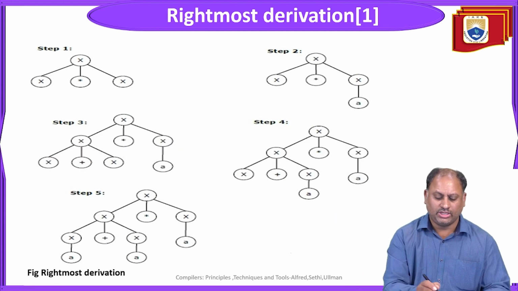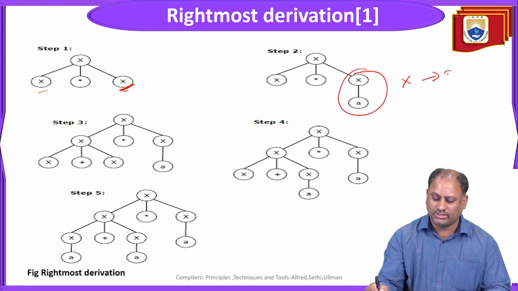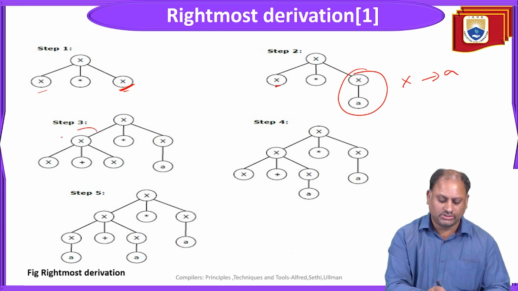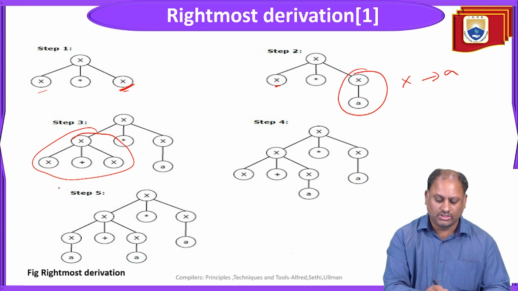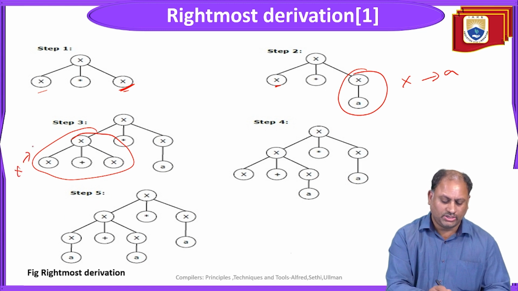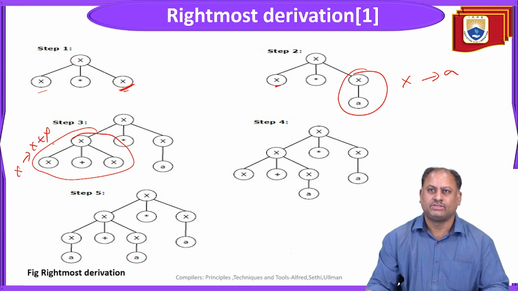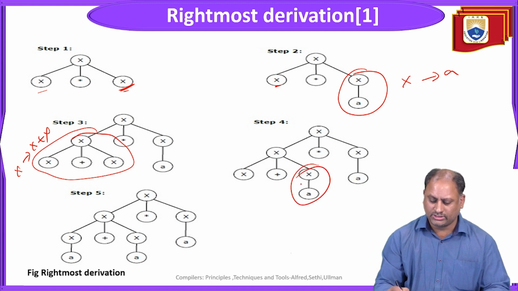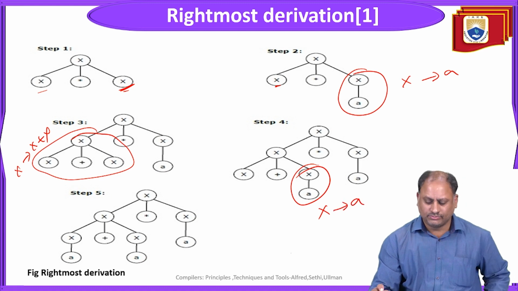Rightmost derivation, here in this case x star x, it is leftmost and rightmost. So we applied this one as this. So this portion is derived as x derives a, and from step 2 to step 3 we are getting x plus x as the rightmost non-terminal, that is x derives x plus x. And from this, step 4 is to be derived with rightmost x derives a.